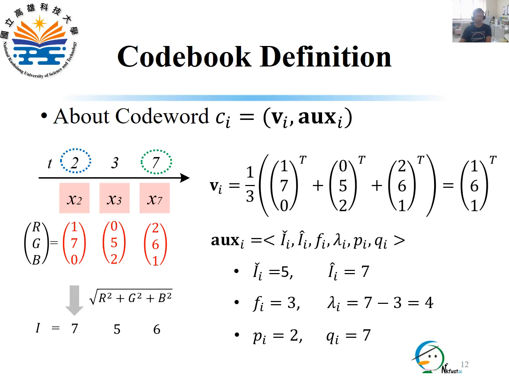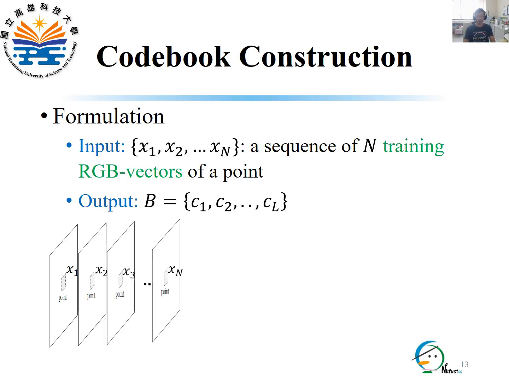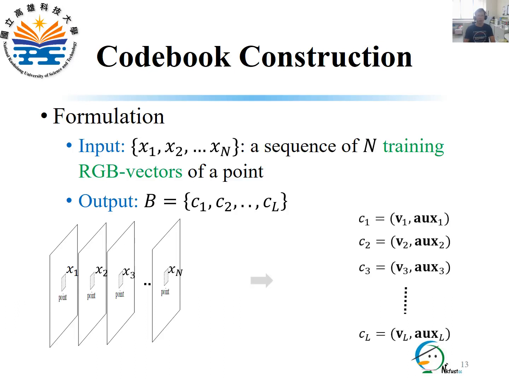After introducing the definition of a codeword, we next talk about the process to construct a codebook. Given a sequence of n training RGB vectors of a point, the output of the construction process is a codebook consisting of L codewords C1, C2 to CL for modeling the background scene.